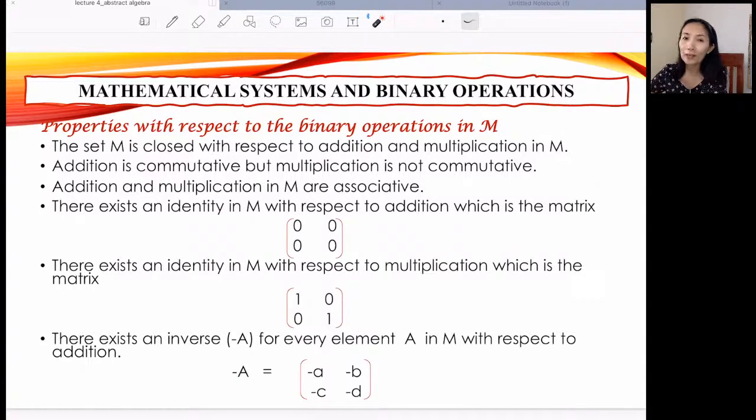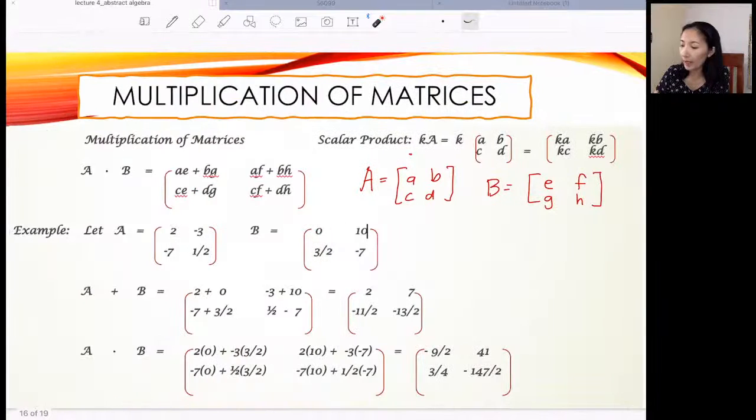So what are the properties of the operations in M? Let's go back to the previous. When we multiply a 2x2 matrix with another 2x2 matrix, the result is also a 2x2 matrix. So that satisfies the closure property.